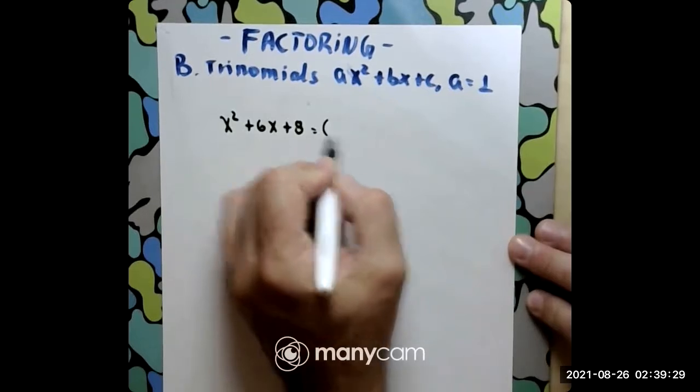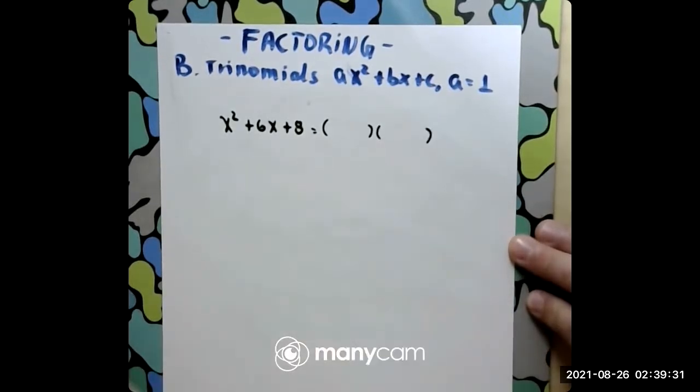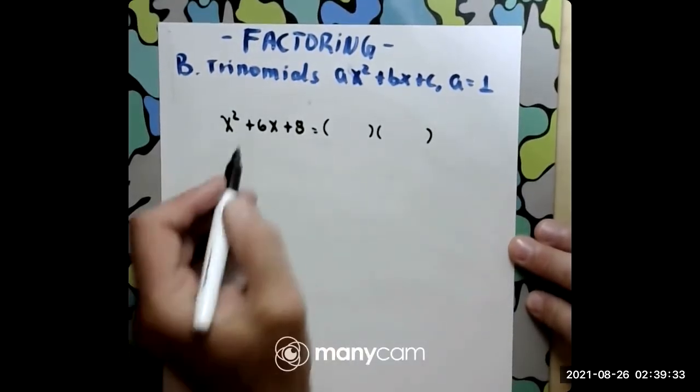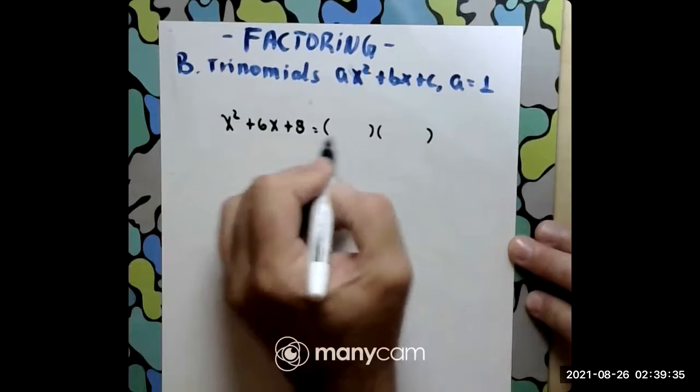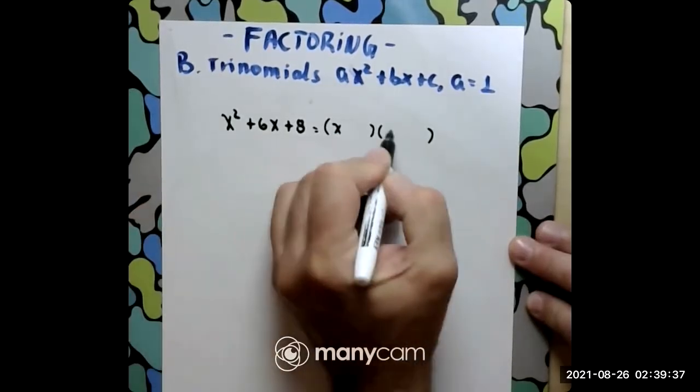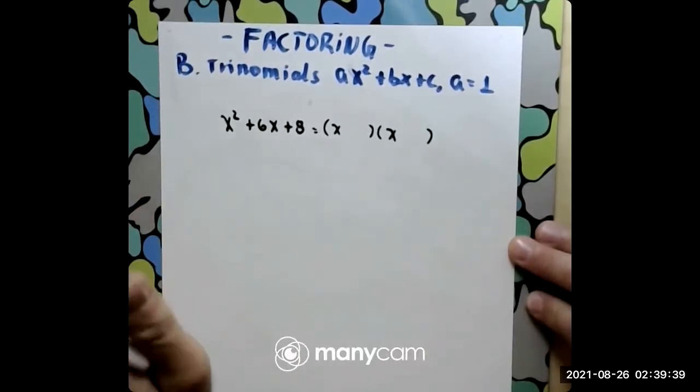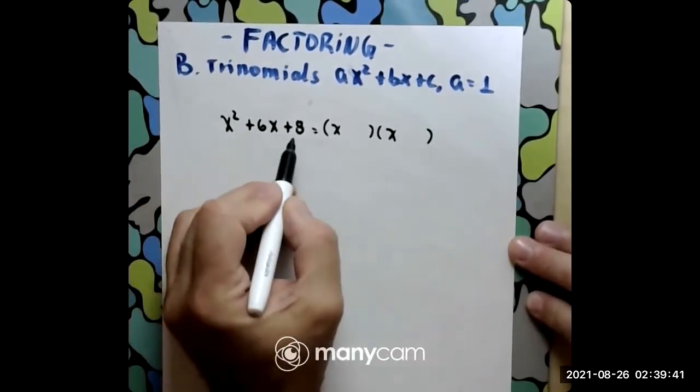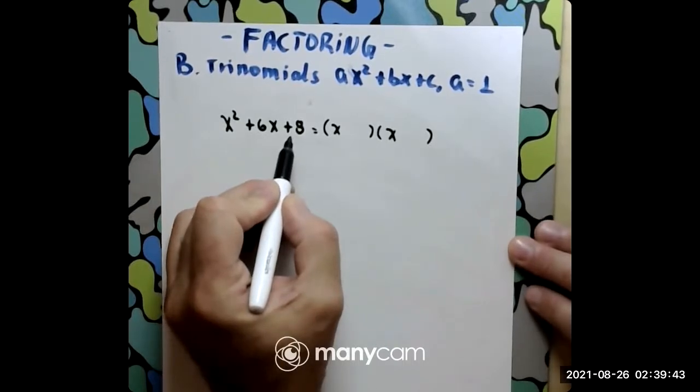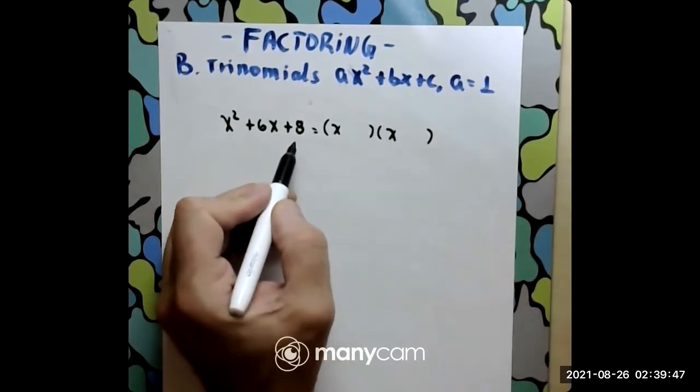So I told you, folks, that this will factor as a multiplication of 2 binomials if it factors. So of course, x squared, so x here, x here. So now let's look at the combinations. Notice that C, my third term, is positive. If I have a positive number, how do I get a positive number?